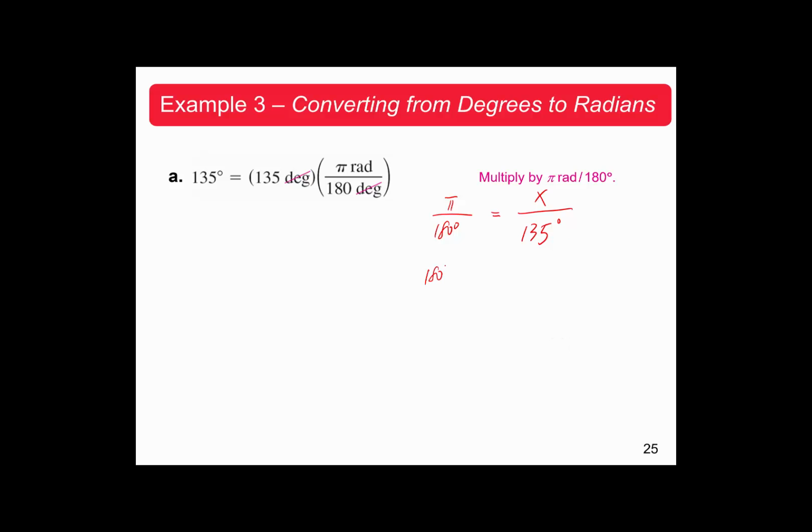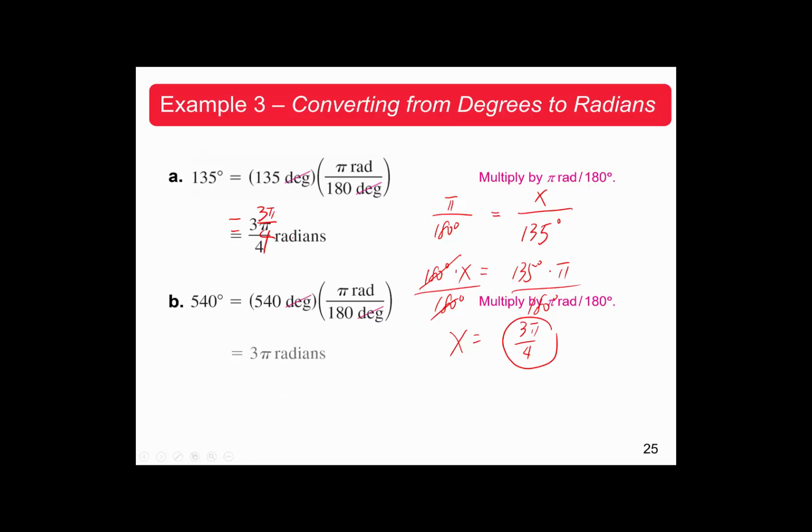So it's 180 degrees times x equal to 135 degrees times pi. Dividing 180 degrees from both sides of the equation and reducing, you get x equal to 3 pi over 4. So 135 degrees is equal to 3 pi over 4. Okay, two methods, you can use either method you like.